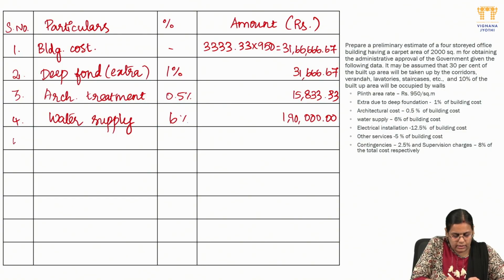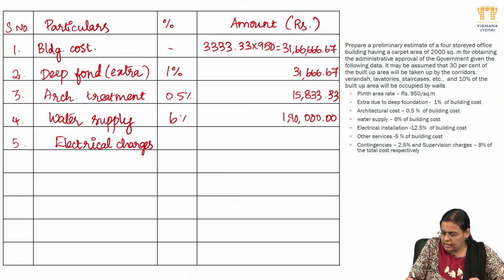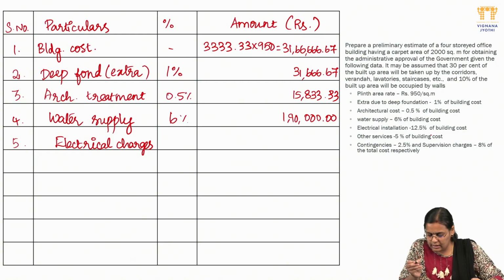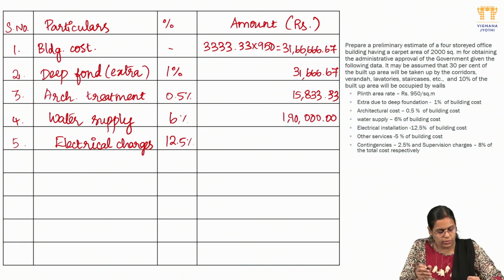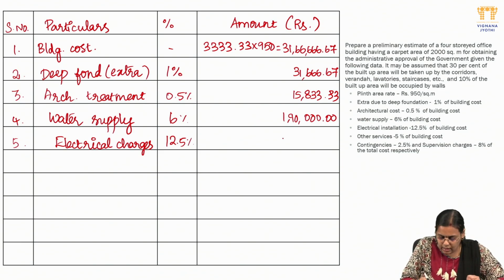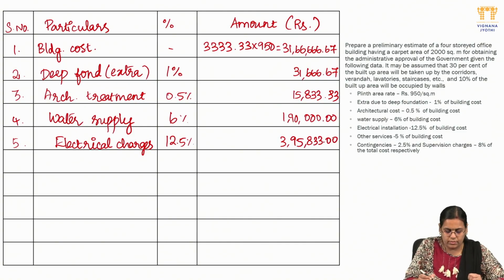And the next one is electrical charges. So electrical charges for installation of electrical utilities, your cost of construction is 12.5%. So 12.5% means 3,95,833 rupees.